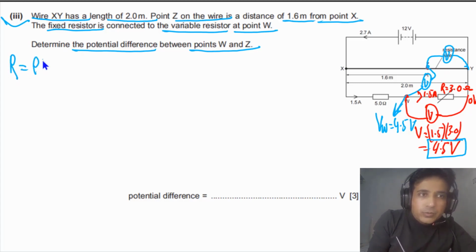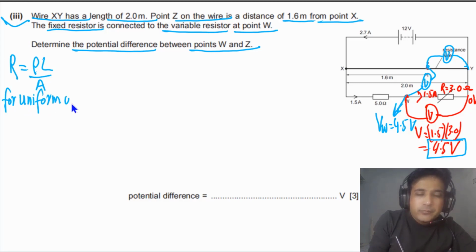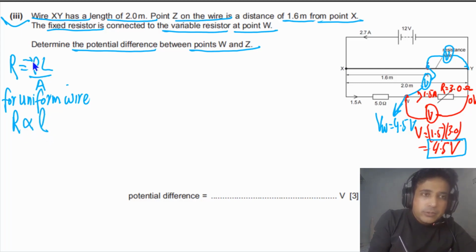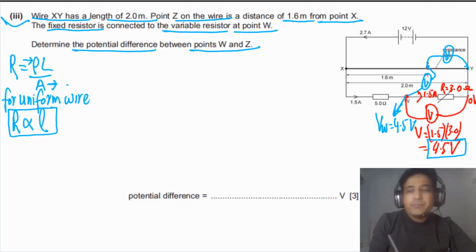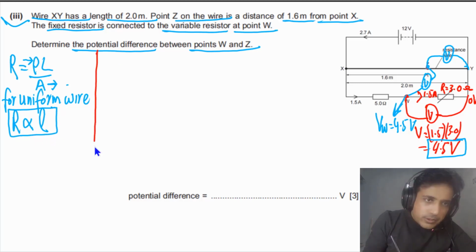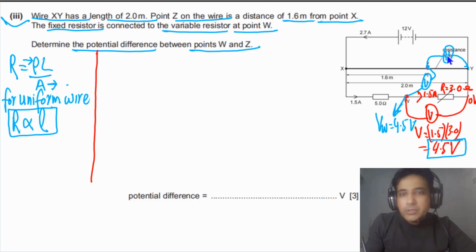R is equal to rho L by A. For a uniform wire, very important point for the potentiometer, R is directly proportional to L, the length of the wire, because the resistivity of the same wire is constant, and if the cross-sectional area is also constant, then resistance is directly proportional to L. So we will use this principle to find the reading on this voltmeter.